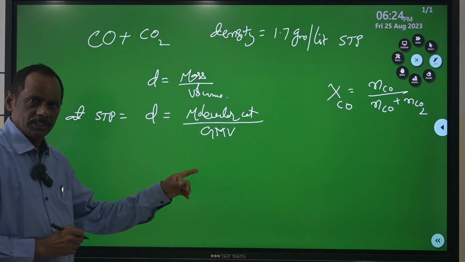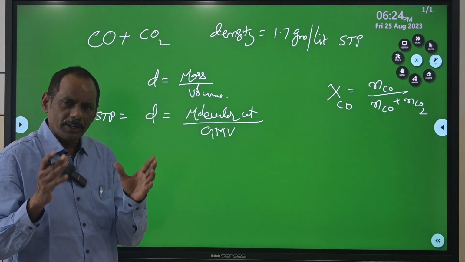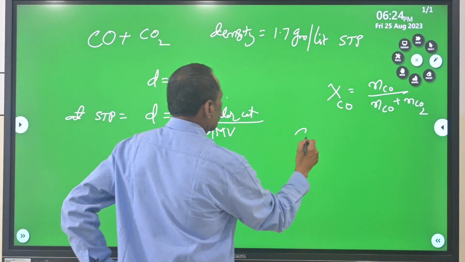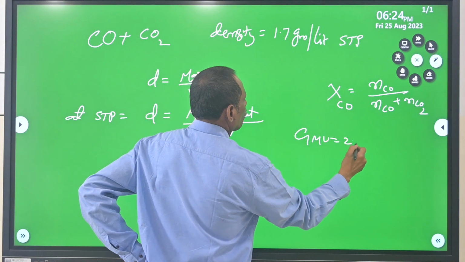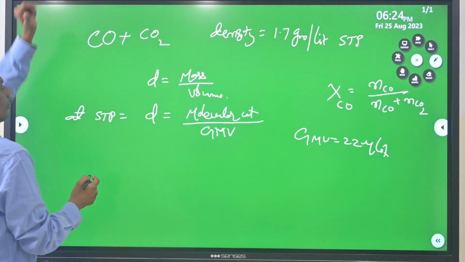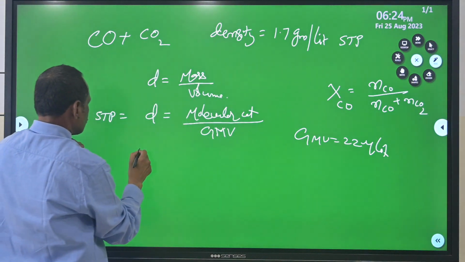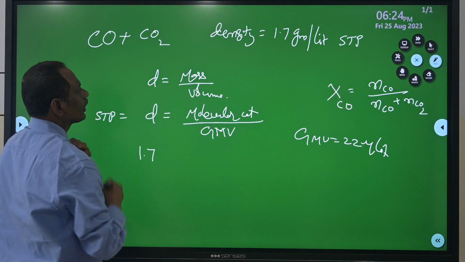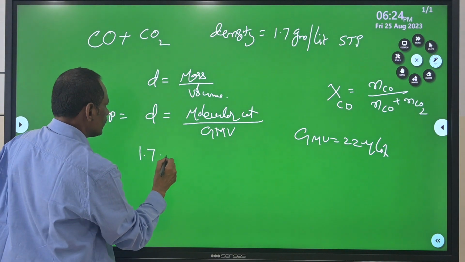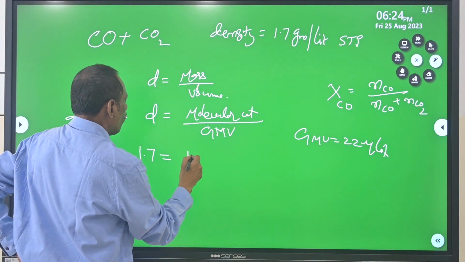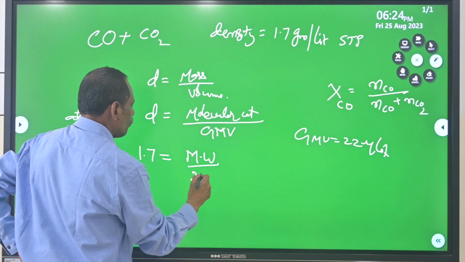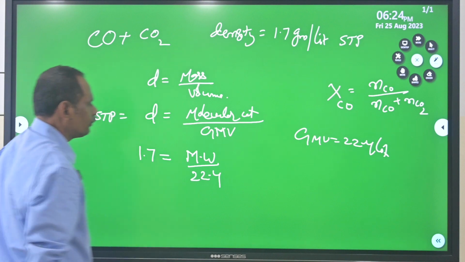Gram molar volume means the volume occupied by 1 mole of gas at STP. You know that the gram molar volume is 22.4 liters. Therefore, the density given as 1.7 grams per liter is equal to the molecular weight of the gas mixture by the gram molar volume, 22.4.